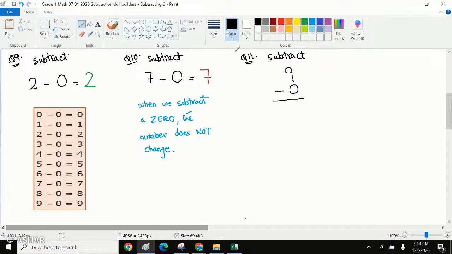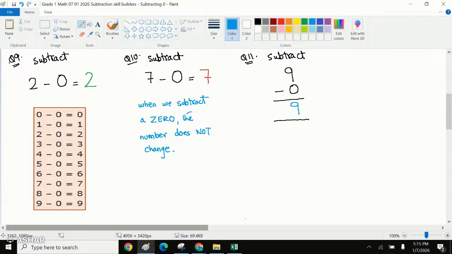So if we remove 0 from 9, we will be left with, if you had $9, if you did not spend anything, you minus a 0. Whatever you spend, you did not spend anything, right? So how much would you be left? Yes, you will be left with the original money that you had earlier, right?